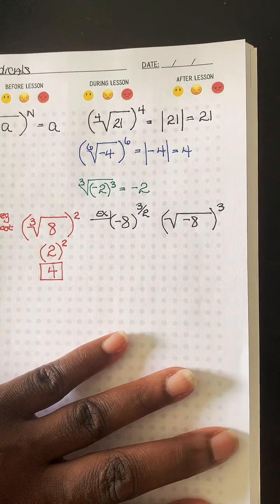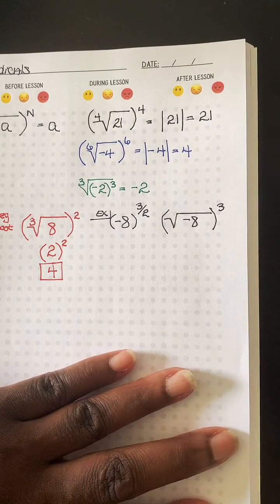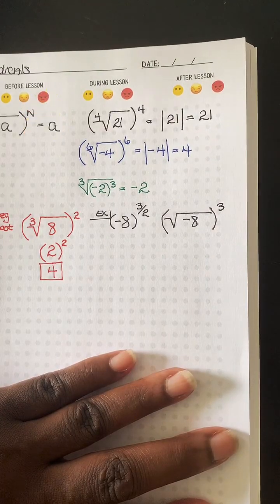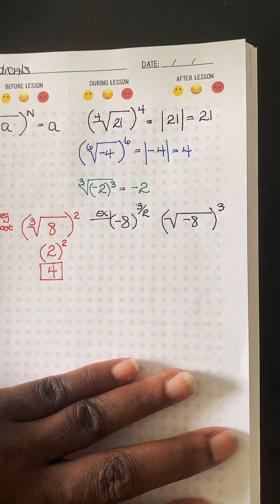Okay, one jump. Do we have any problems or what's going on? The number won't be pretty. Right, the number won't be pretty at all. Okay, we'll be having imaginary numbers. There we go. That is okay.